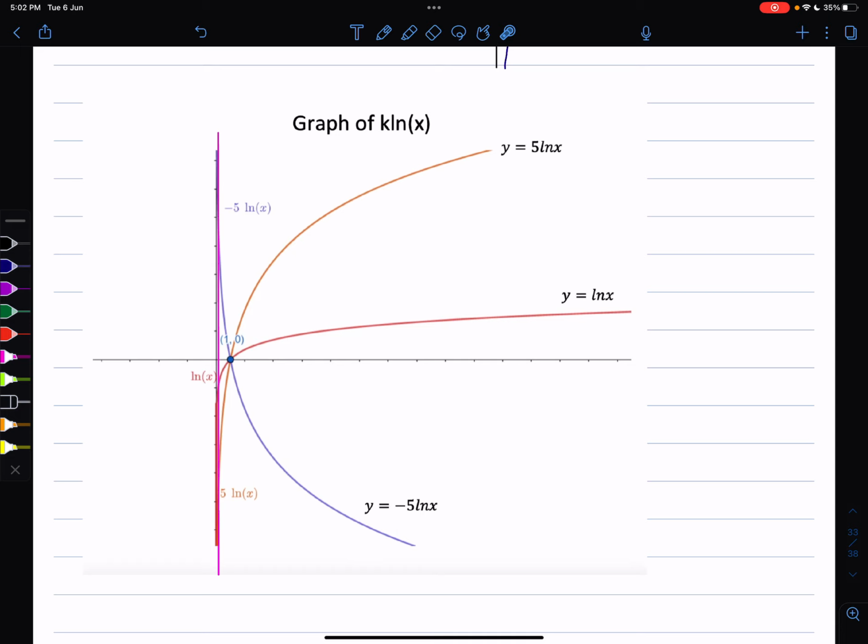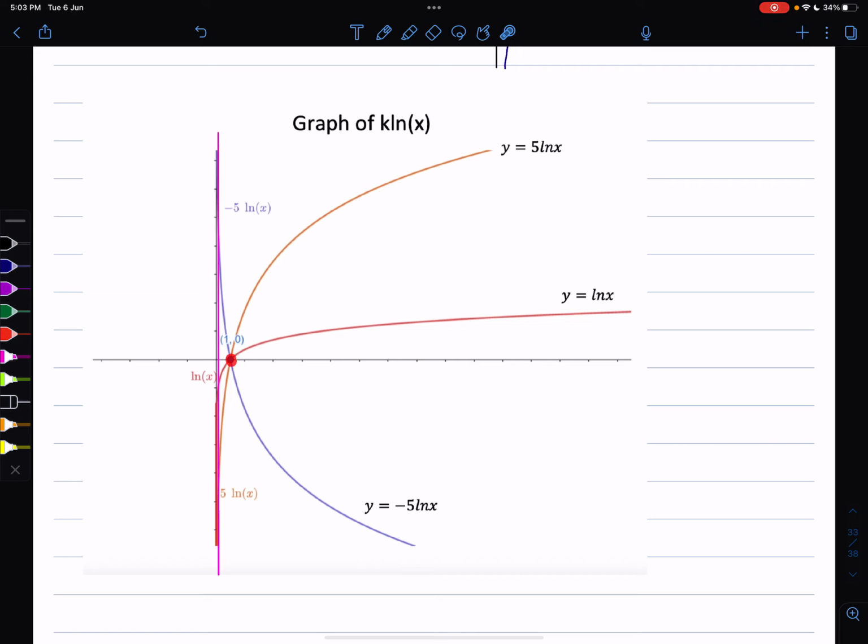Now if you want to sketch the graph of 5 times ln x, the general shape is going to be the same. It's just that now the steepness is going to change. 5 times ln x would mean that every y value is going to be multiplied by 5, other than this value, which is 0.